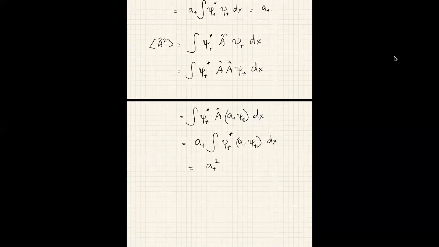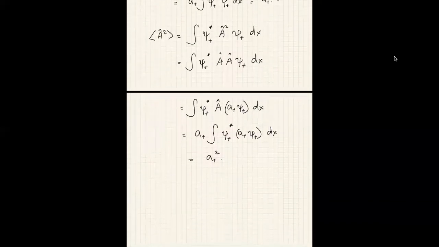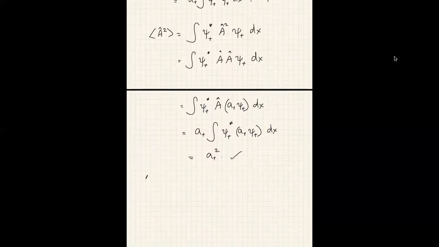So the average value of A is A plus. The average value of A square is A plus square. So the standard deviation in A, if I prepare the system in an eigenstate of A, is nothing but the average of A square minus the square of the average of A, which is A plus square minus A plus square, which is 0.